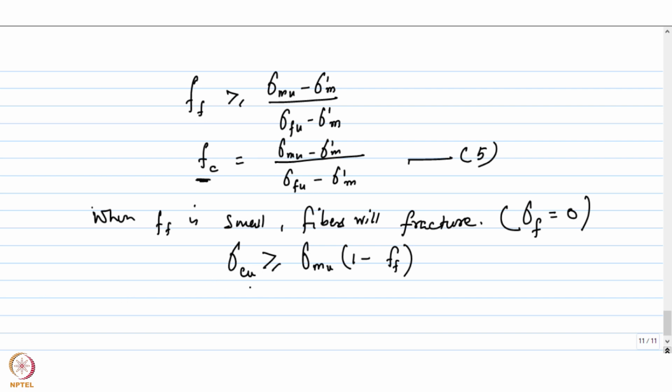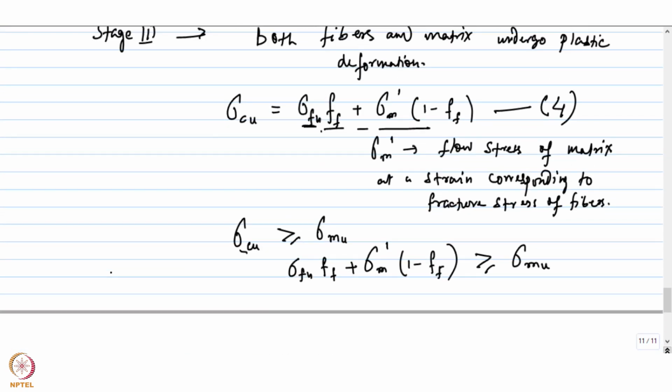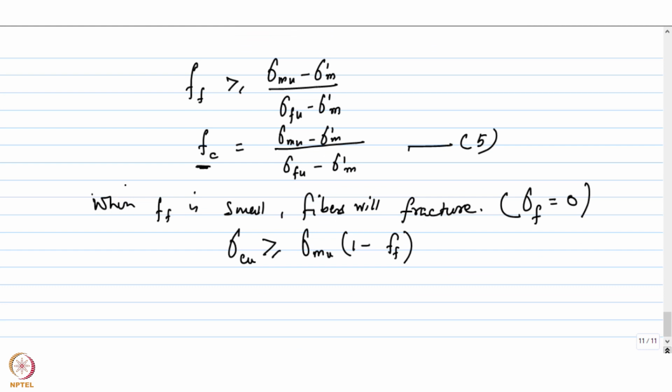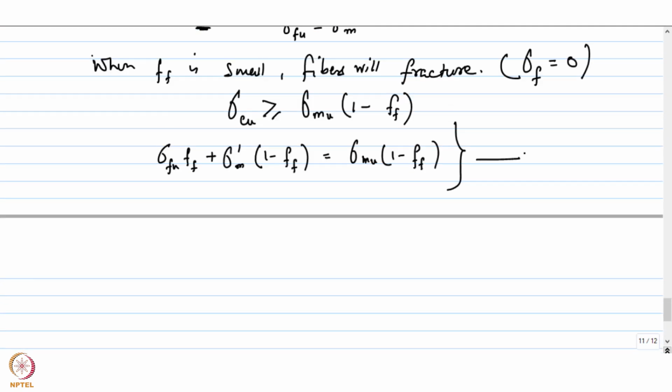So now if I replace sigma Cu from the previous equation that we have, that is equation 4, then we can write, and the corresponding volume fraction under this condition, when this occurs, will be given as this by rearranging this particular equation.